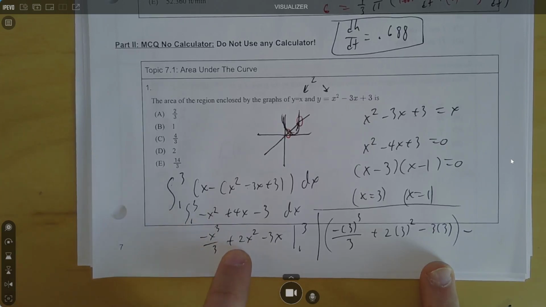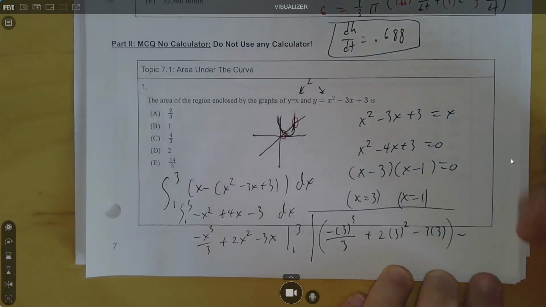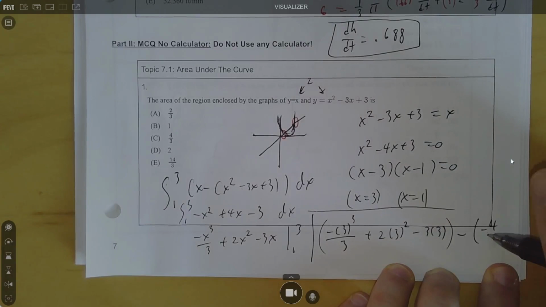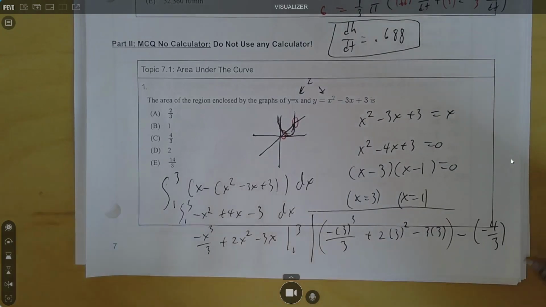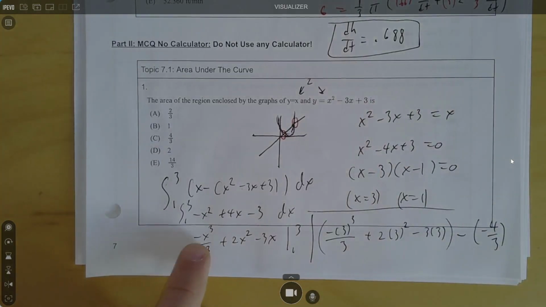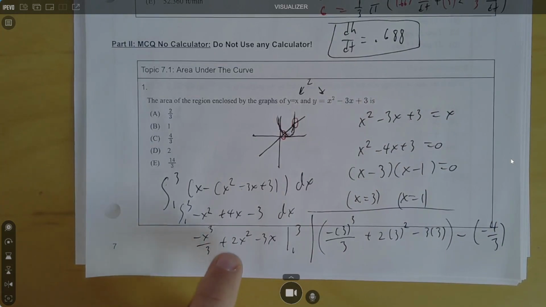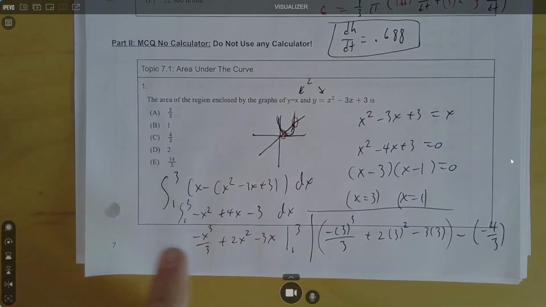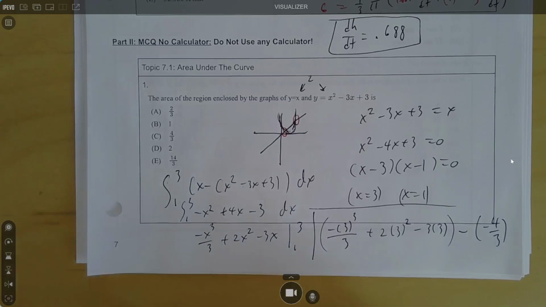So, okay, 2 minus 3 is just negative 1. So it's negative 1 1/3 or negative 4/3. This is negative 4/3. Double check that here. Yeah, negative 1/3, 2 minus 3 is negative 1. Yeah, negative 4/3.